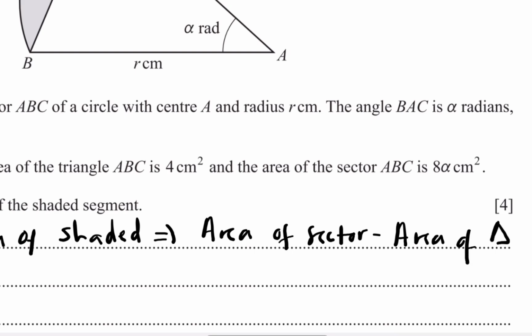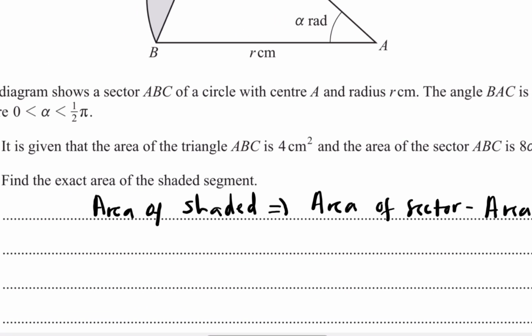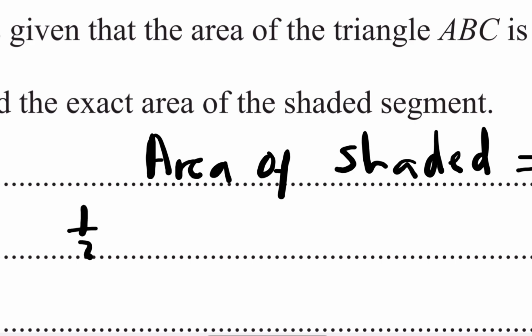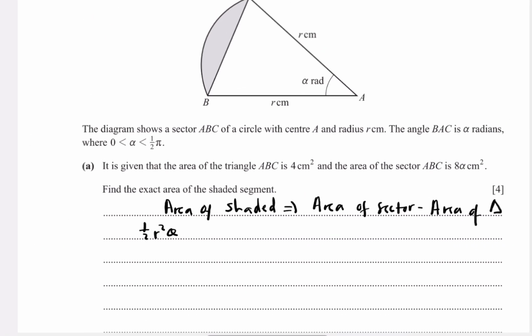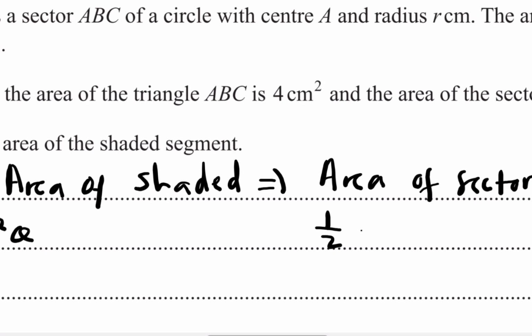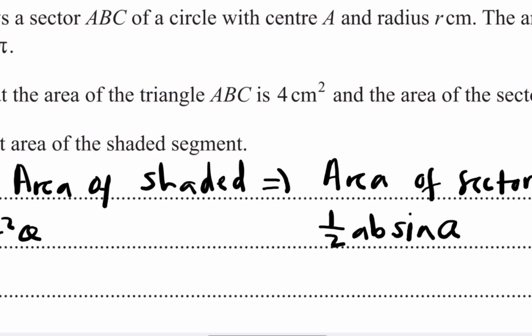And to get the area of a sector, we're going to use half r squared theta, and for the area of a triangle we're going to use half AB sine theta, right?